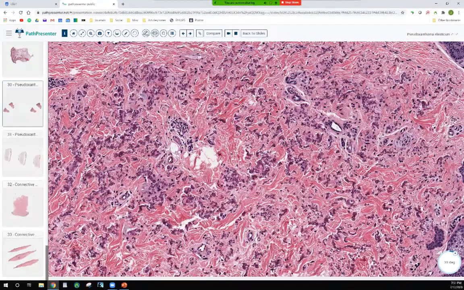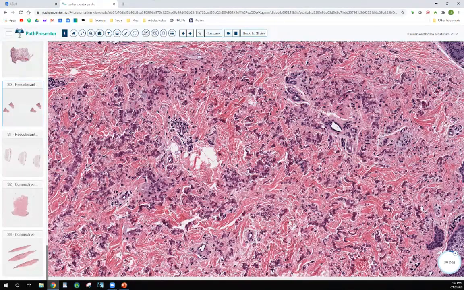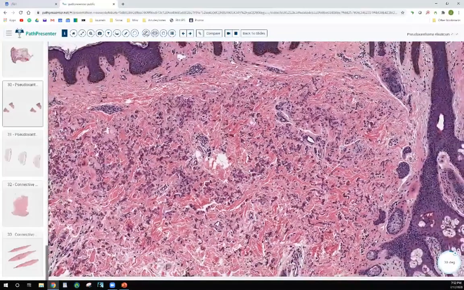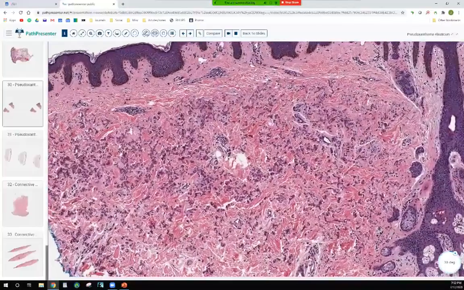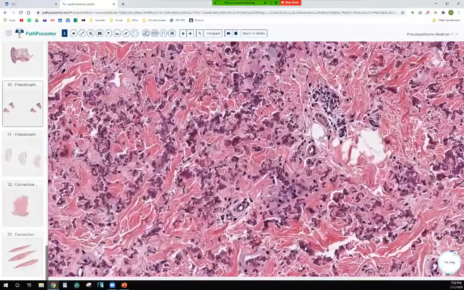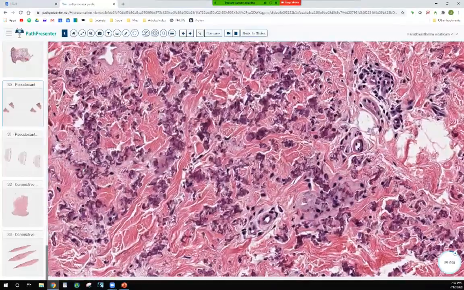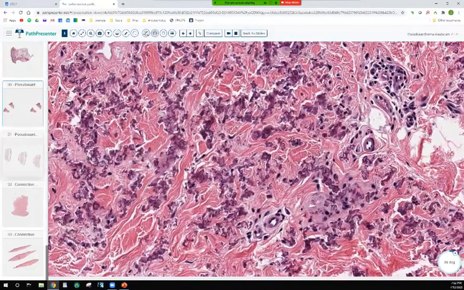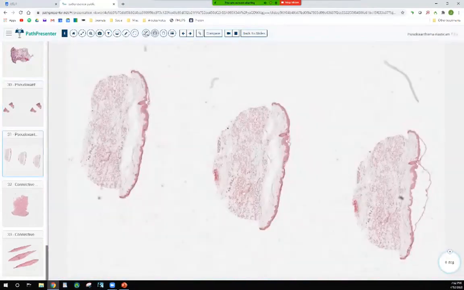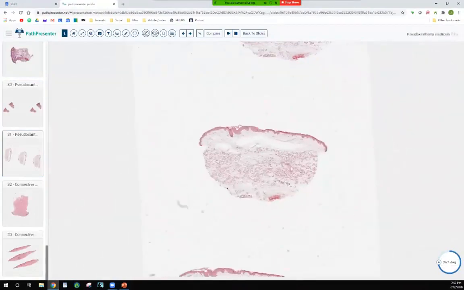You can see them sometimes as secondary things in lichen sclerosus, even in things like basal cell carcinoma. It's been reported in granuloma annulare. So you can see the fibers as a secondary phenomenon in a lot of things, but they still all look the same, and you can still call them pseudoxanthoma elasticum fibers.